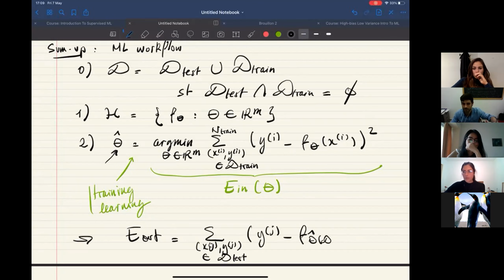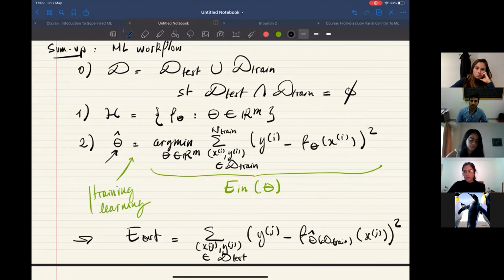So if you change the training set, these parameters that you learn are changing, okay? So in this sense, these parameters are stochastic. They're random. They depend randomly on the training set, okay? So here I emphasize that this is a function of the training set. And this is my prediction for the sample j on the test set, okay?